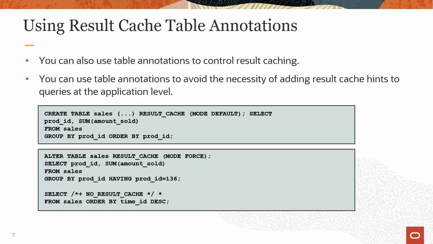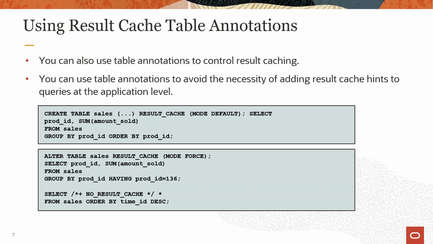However, you also have the possibility to use table annotations to control result caching. With those table annotations, you can avoid the necessity of adding result cache hints to queries at the application level. So for instance, you can see that in the creation of this table sales, I've decorated it with the result cache table annotation, and I gave it the value mode default.